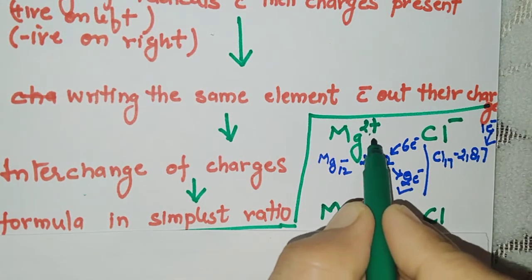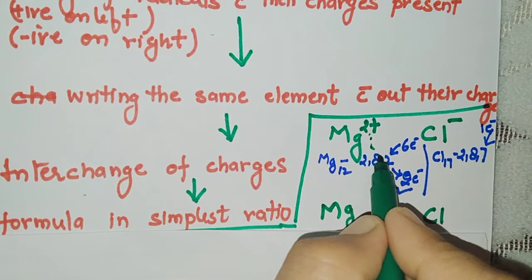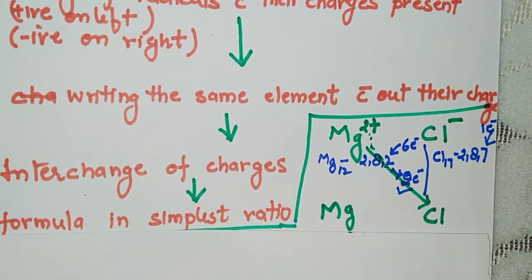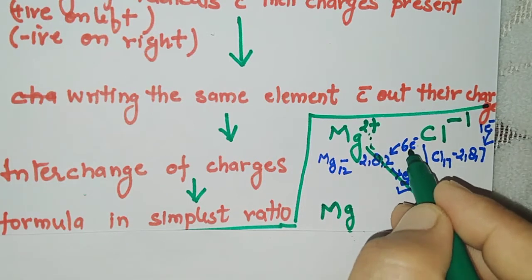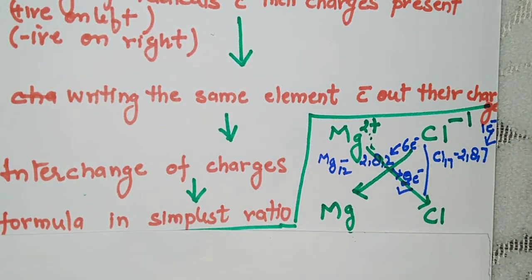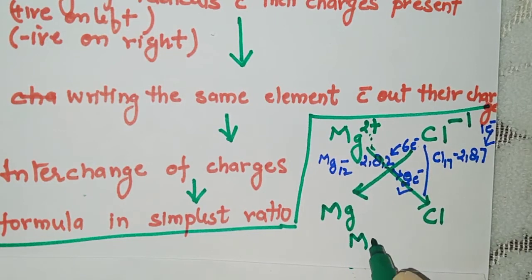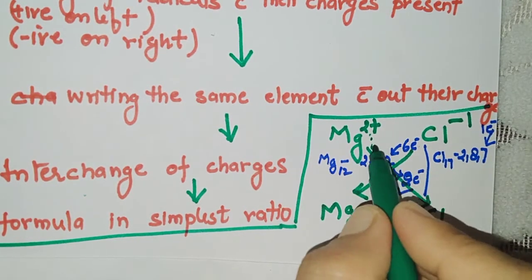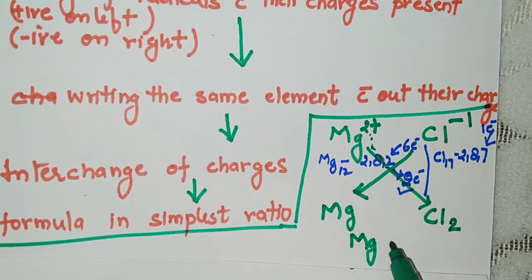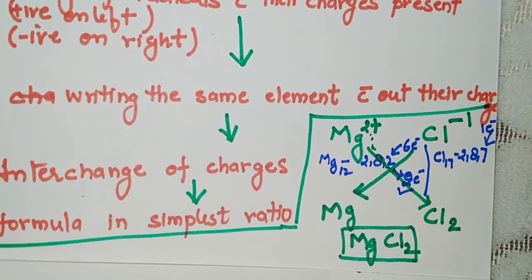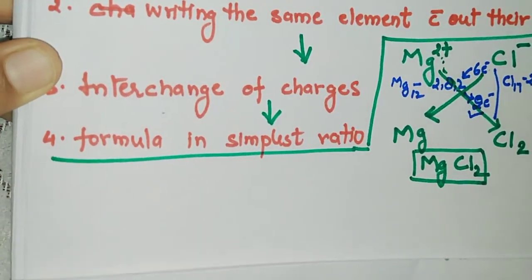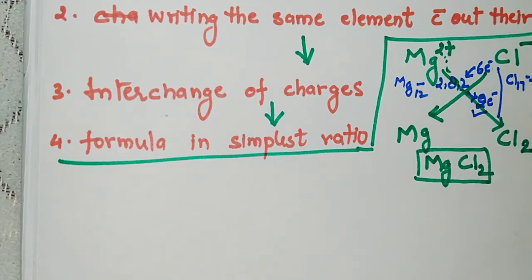This 2 plus we will send here and this Cl minus 1 will be sent here. So magnesium will be written 1 time and chlorine will be written 2 times. So the formula becomes MgCl2. See, now it is the simplest ratio, so no need to change.